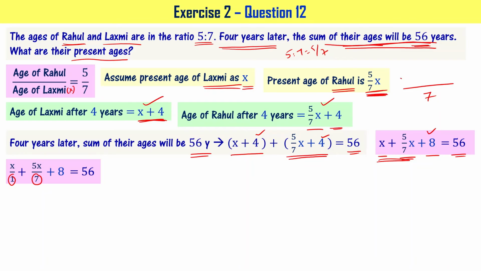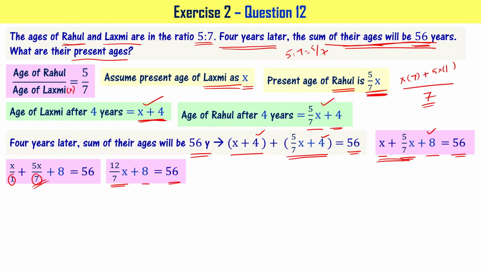Now, x times LCM divided by 1, that is 7 by 1, 7, plus 5x times LCM divided by 7, which is 1, right? It means I can write it as 7x plus 5x divided by 7. That is 12 by 7x plus 8 equal to 56, right?